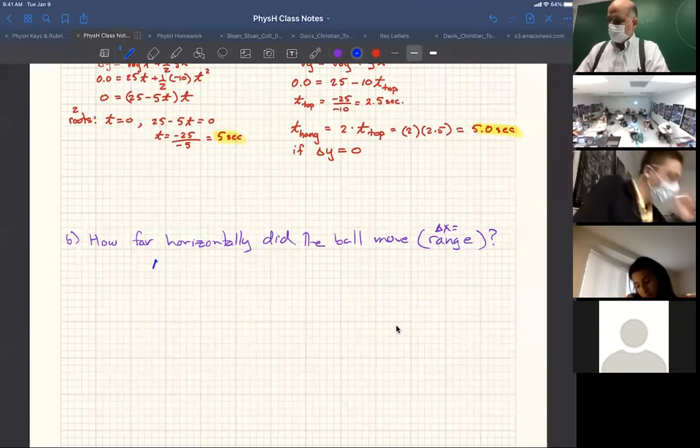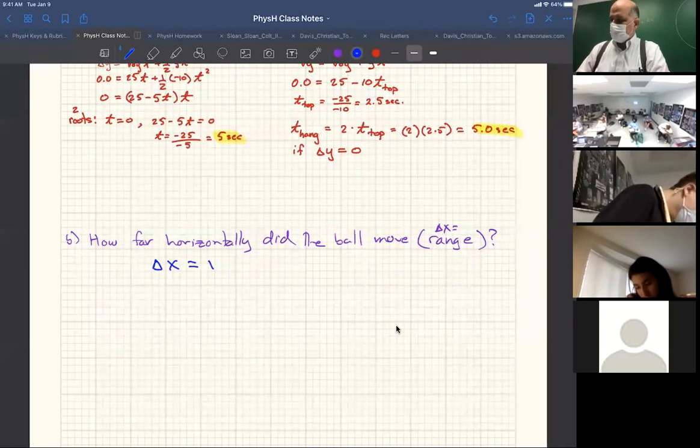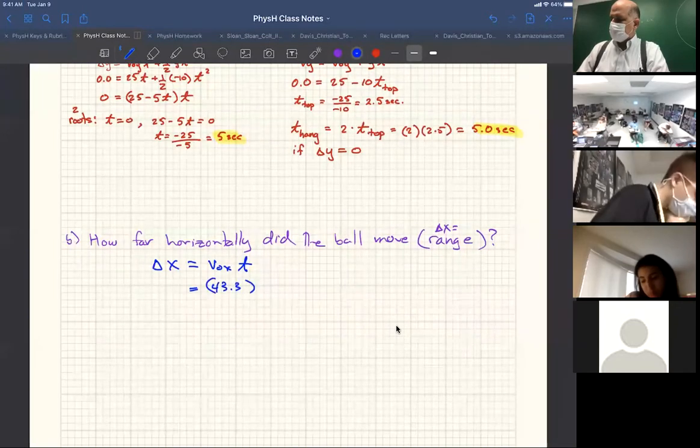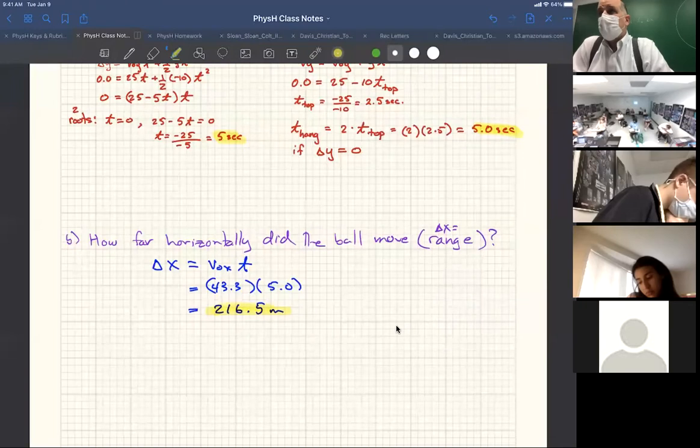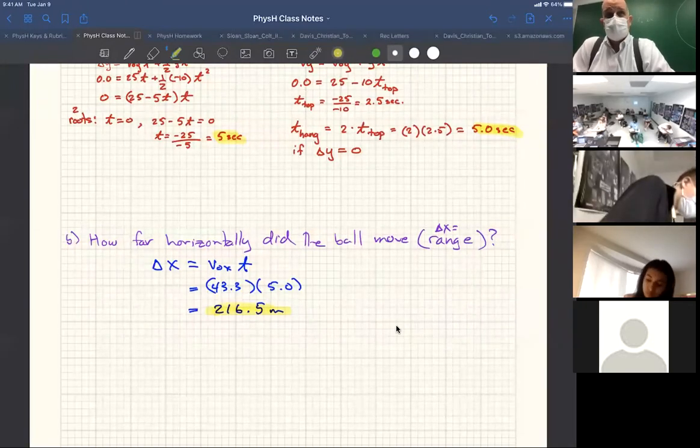Yeah, you say delta x is v0x times t, and so that's 43.3 times the hang time, which is 5.0 seconds, and I believe that's 216.5 meters. A couple hundred yards.